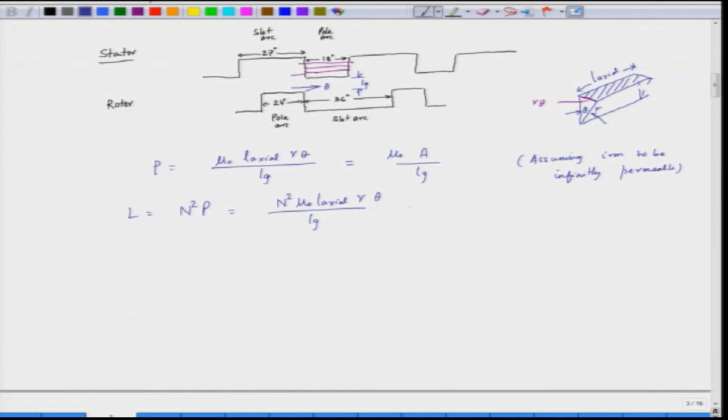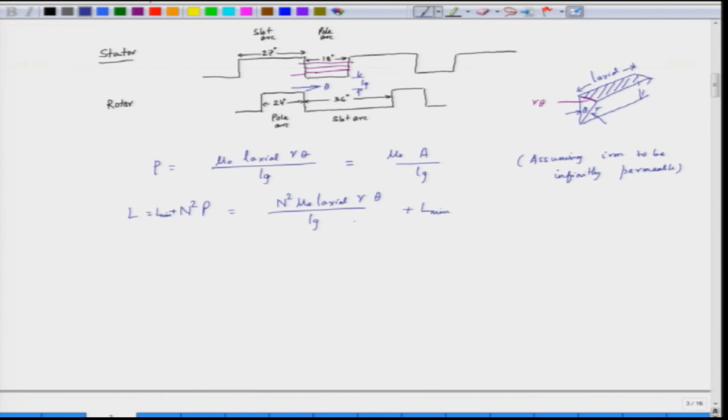So, this is some minimum value of inductance. The inductance variation will look like this.